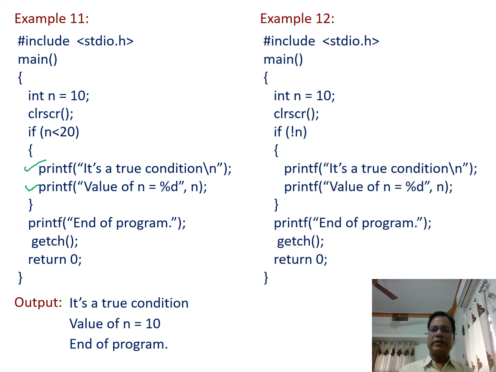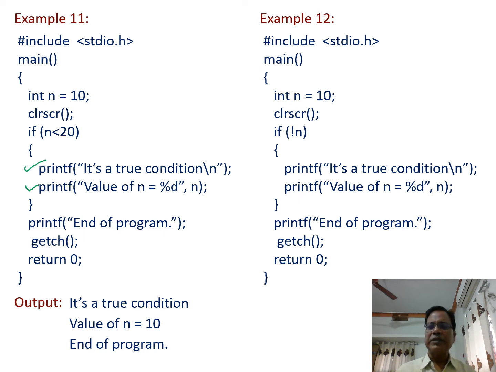Now let us take another example using the logic operator. So here the value of n is assigned as 10, but in the place of the condition of the if statement, it is not n, the negation of 10, which becomes 0.